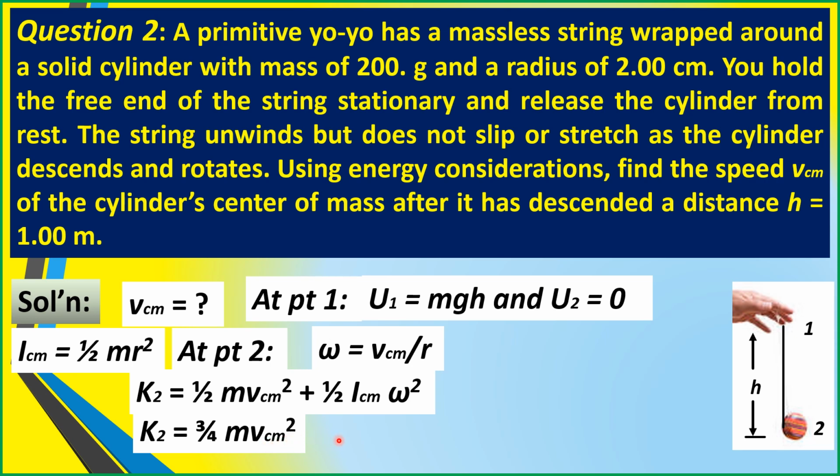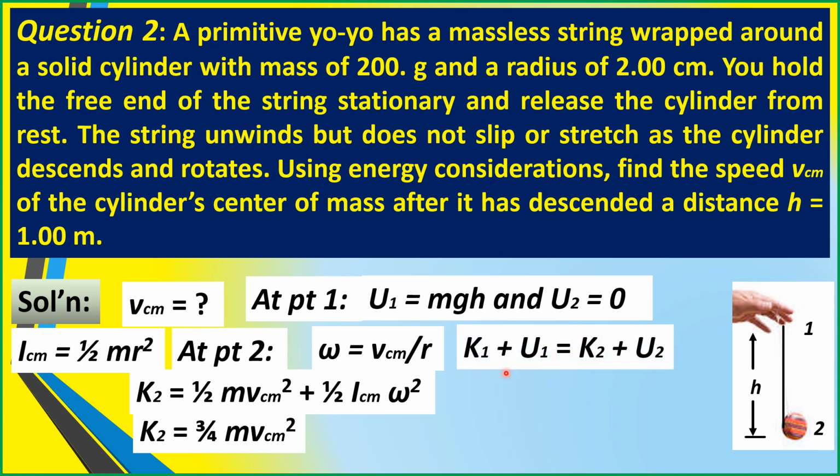In order for us to determine the linear velocity or speed of the center of mass of the yo-yo, we are applying the law of conservation of energy, which goes like this.